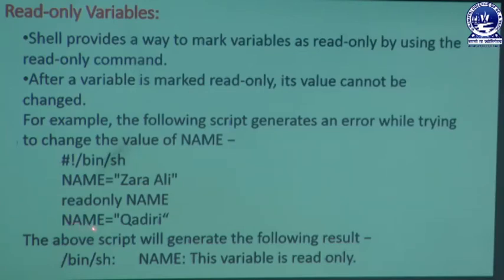Again we try to change its value, like NAME equal to Mangara Qadir. If a user puts this name instead of Zara Ali, overwriting it with Qadir, at that moment we get an error. Why? Because this name is in read only form. We can only read it, but we cannot change it throughout the program. So this type of variable is known as a read only variable.